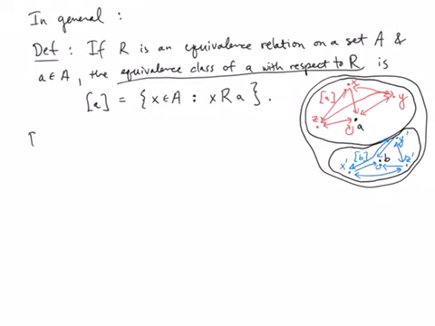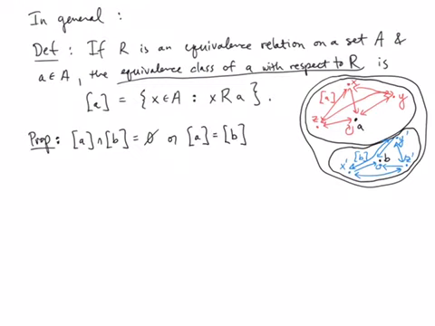Okay, and we have the same propositions that we had for equivalence modulo n. This is actually the second proposition we proved before. I'll do them in reverse order because I like the flow of that better. So the equivalence class of a intersect the equivalence class of b is either empty or the two equivalence classes are equal.